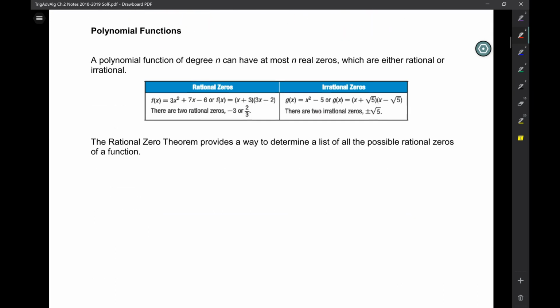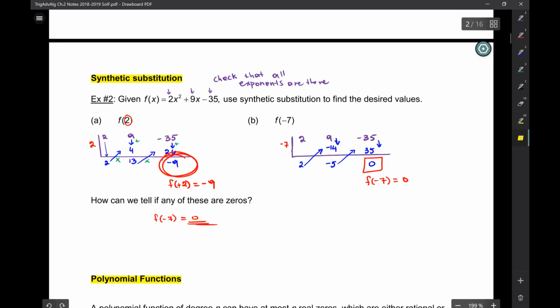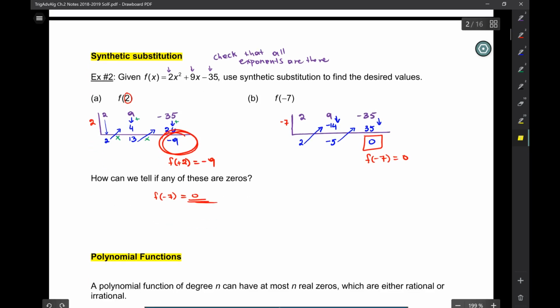Okay. So let's talk about polynomial functions, right? We throw this word around all the time, polynomial functions. Sometimes we forget what it is that we're referring to. Okay, a polynomial function is something that looks like this f of x, all right?